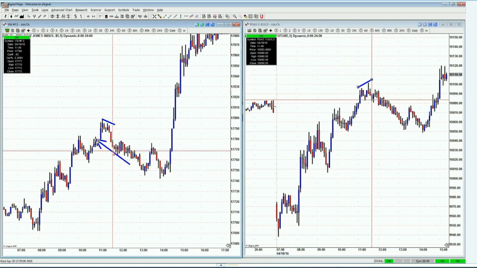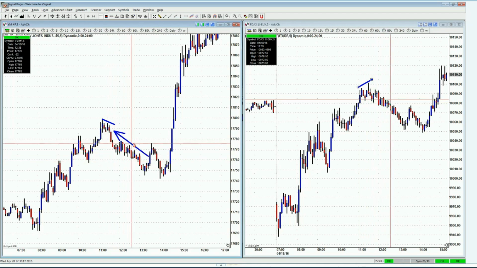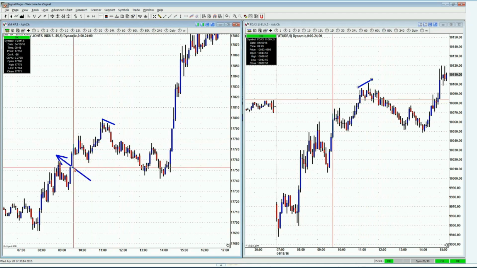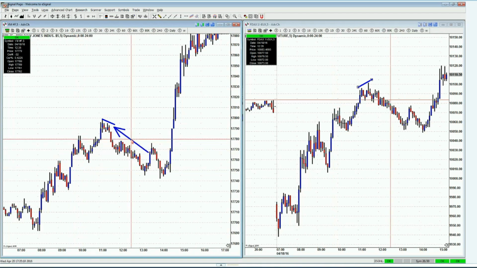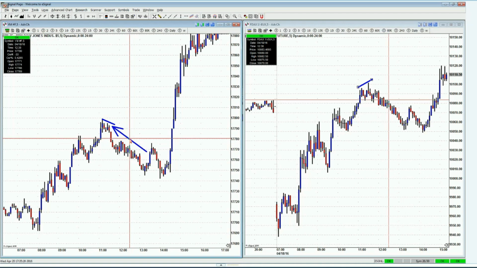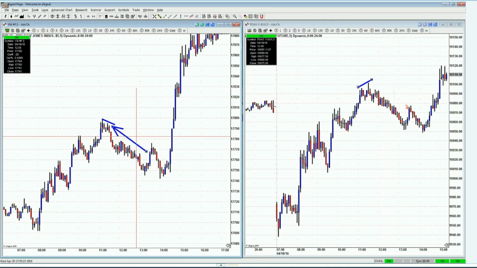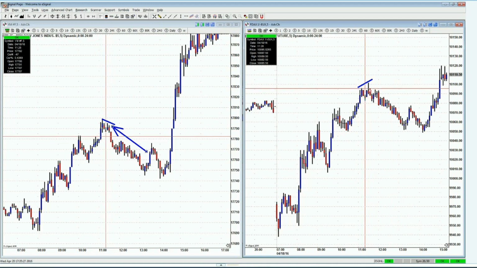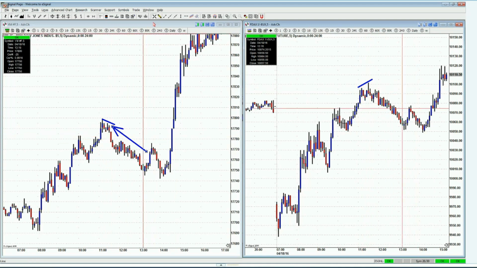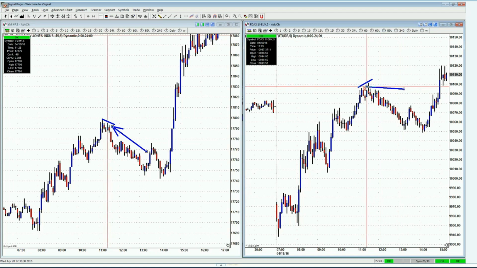But when the market at one point or another is beginning to run out of steam, one of the earliest indications, the tiniest of indications, is that one of them makes a lower high, whilst the other one is making a higher high, which you're seeing up here. See that right there.